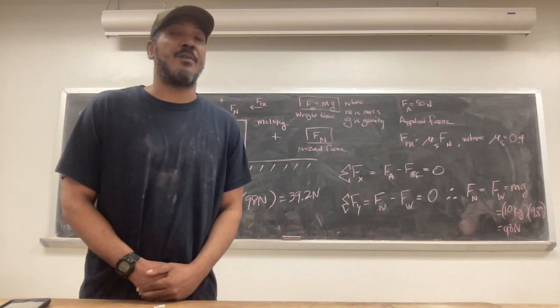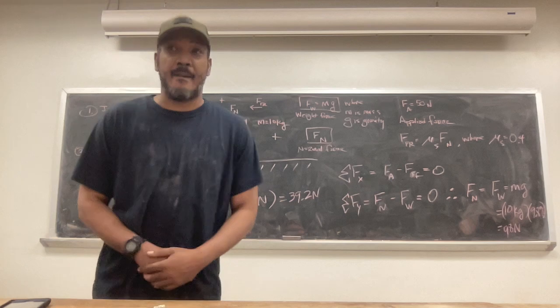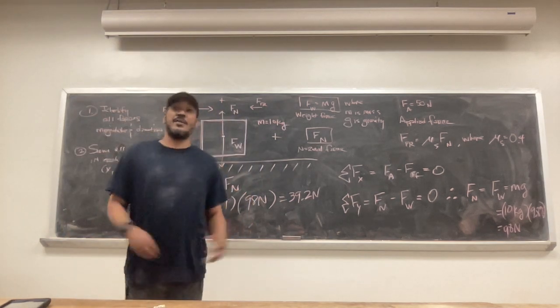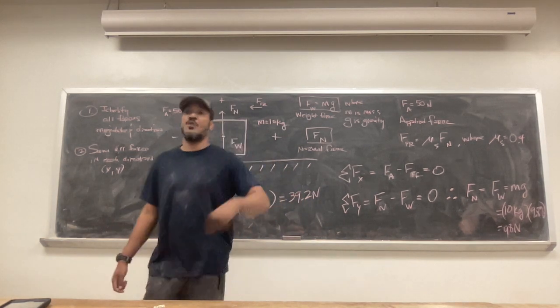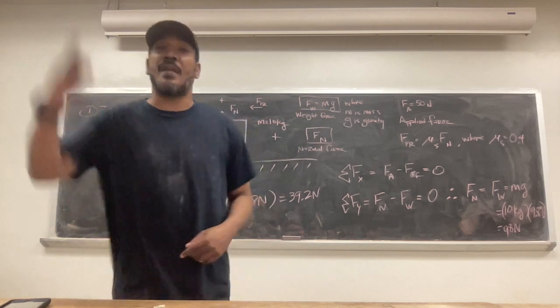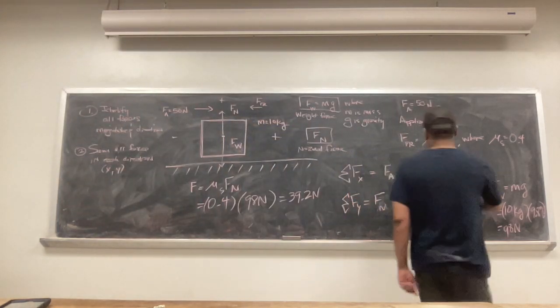How do we do that? Well, since we have recognized that the applied force exceeds the friction force, now we know that it is moving. So now we're going to change this to what?